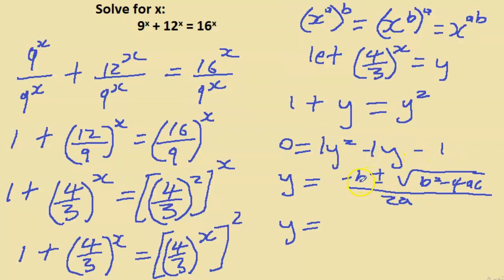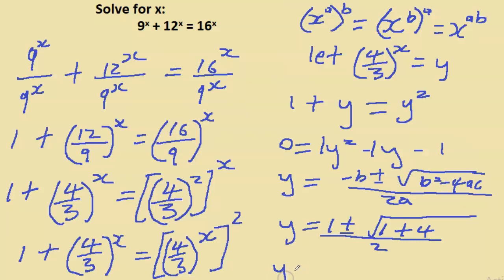So minus b, that's minus 1, which is positive 1, plus or minus the square root of b squared, which is positive 1, minus 4 times a, which is 1, times c, which is negative 1. So the double negative gives us a positive 4, all upon 2a. Now a is 1, so 2 times 1, that's 2.